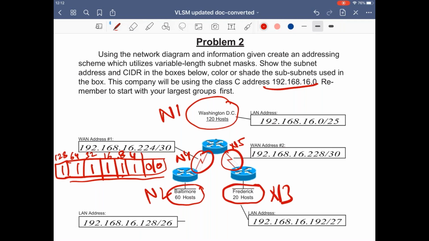That is the BID. Network 5 starts from 228 and again 2 hosts. So again the subnet mask will be the same, 30, because there are only 2 bits which are off.